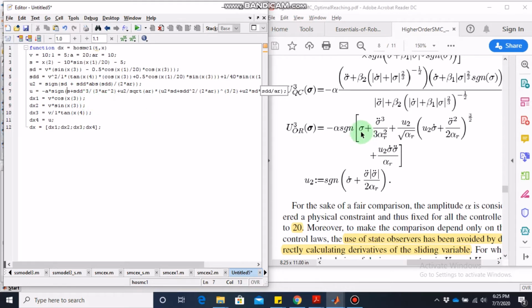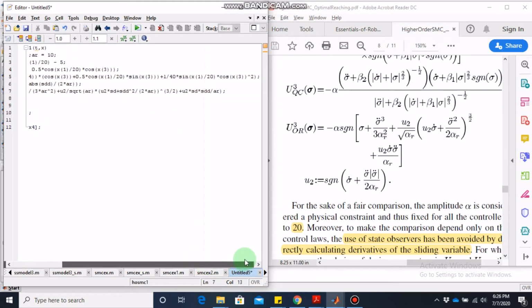So u is the sliding surface plus this cube over 3 times alpha r square plus u2 divided by square root of AR multiplied by u2 plus SDD square divided by 2 alpha r raised to the power 3 by 2, and then plus u2 into SD times SDD divided by alpha r.